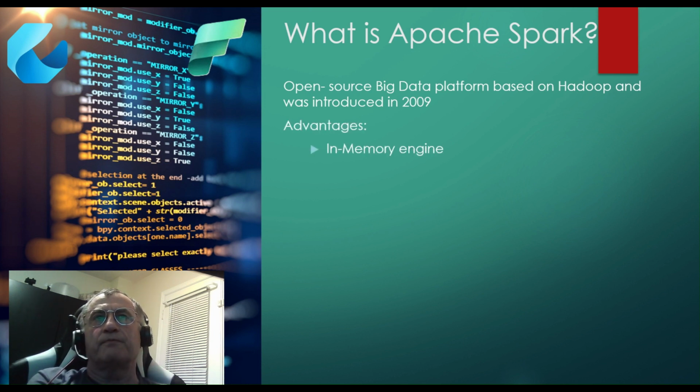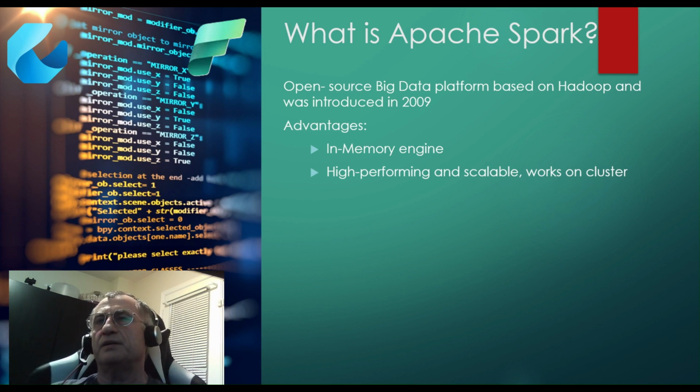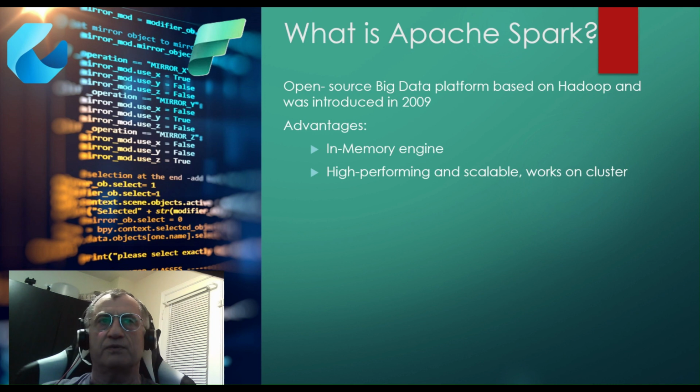So in contrast with Hadoop, Spark has an in-memory engine, which makes it very fast and much more performant than Hadoop. Like Hadoop, Spark is also based on distributed computing. It works on a cluster of computers.